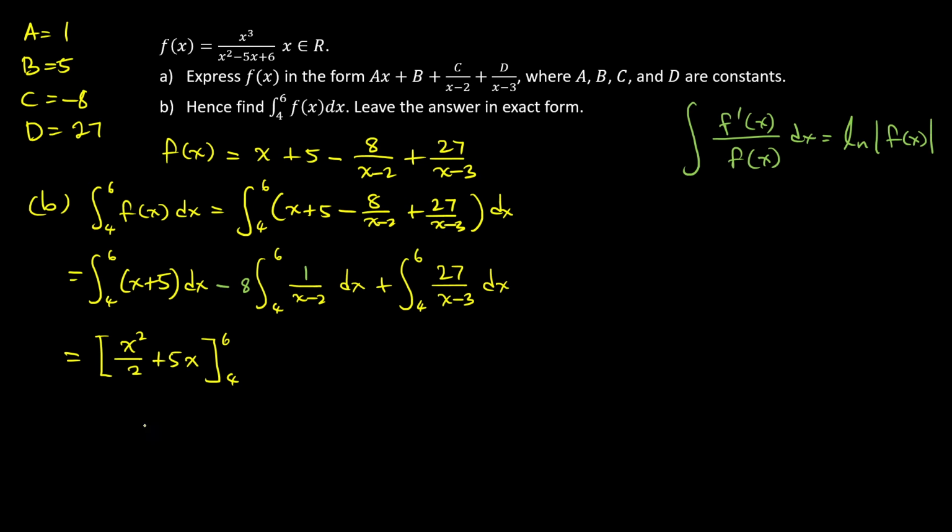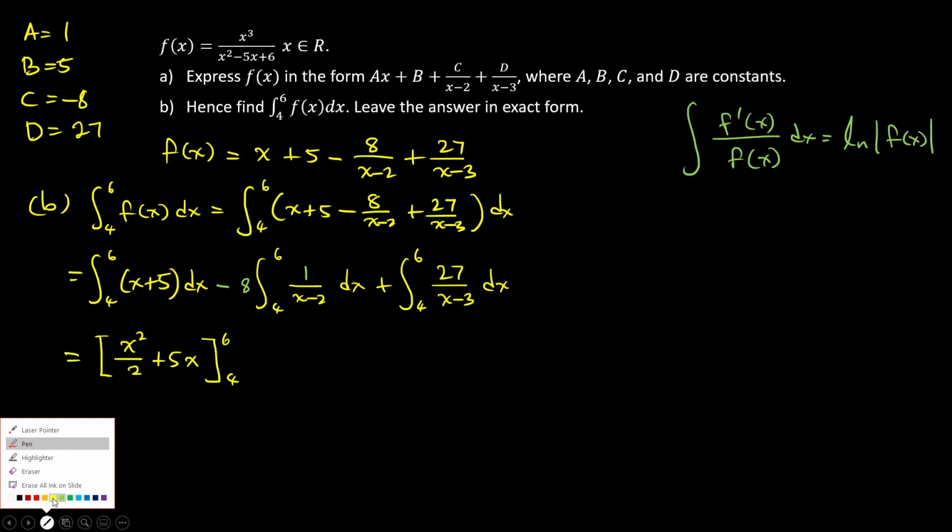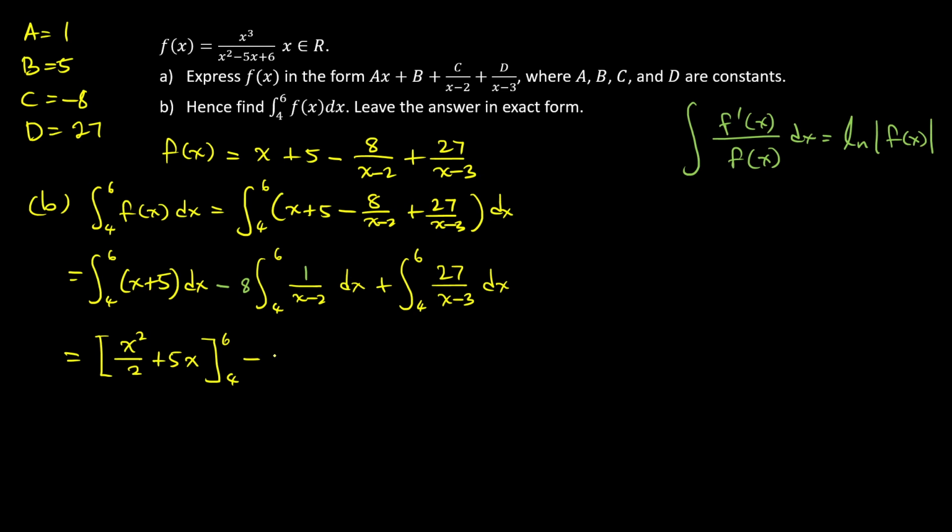So now I have the answer for the second term, that is equal to minus 8 natural log of x minus 2. That settles the second term, or the third term indeed. And we have another one here to do. Oh yeah, the boundary condition 6 and 4 needs to be put here.